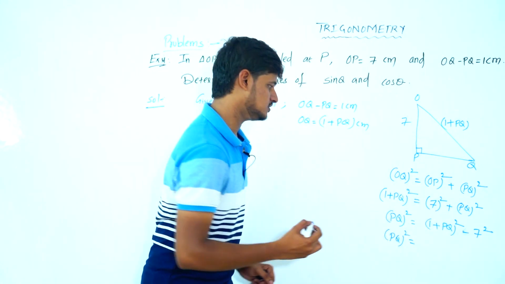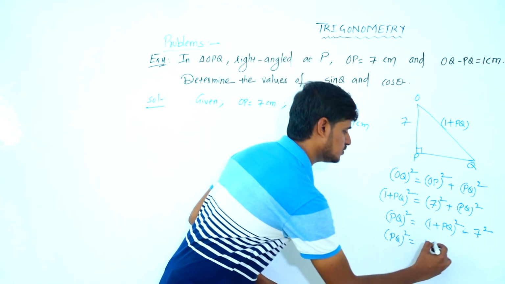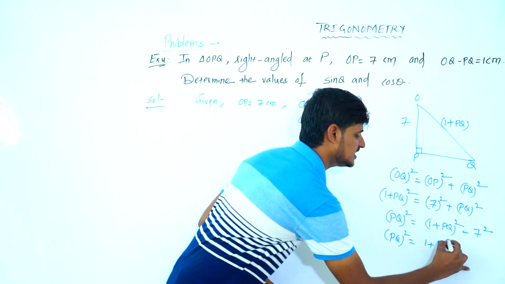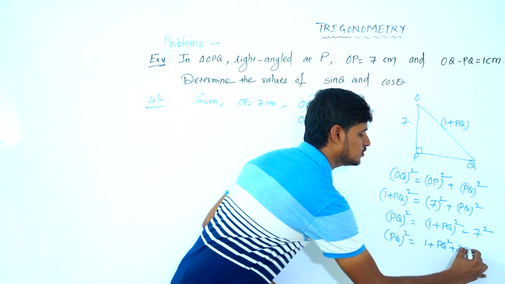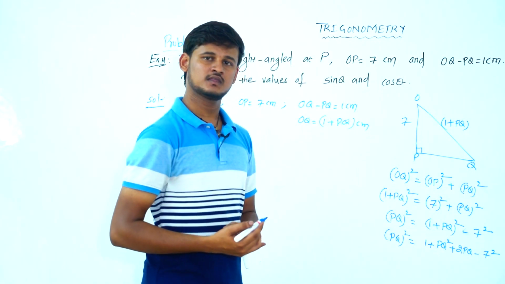Let me expand this term. It is in the form of (A plus B) whole square, so 1 square plus PQ square plus 2PQ, equal to 7 square plus PQ square.